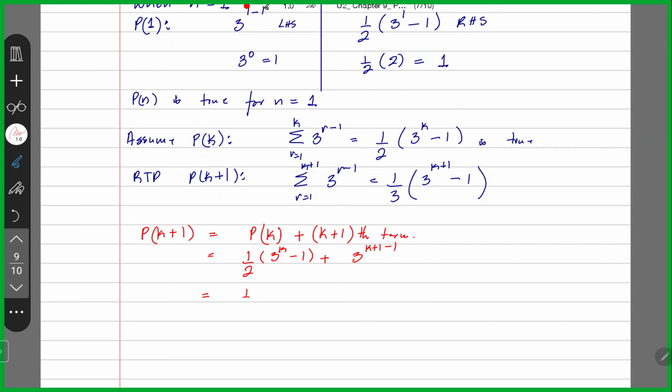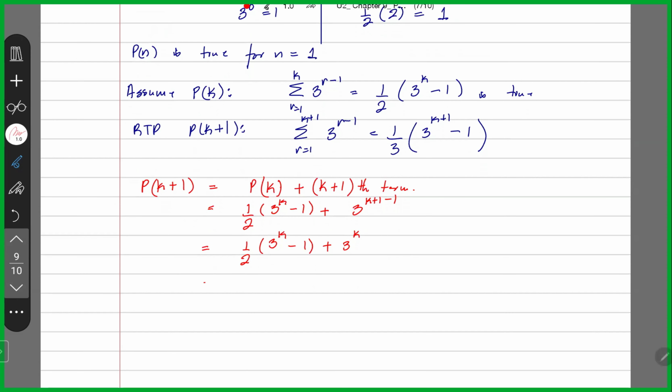So this is 1/2 times 3 to the k minus 1, plus 3 to the k. Let's apply what, the distributive law. So this is 1/2 times 3 to the k minus 1/2 plus 3 to the k.